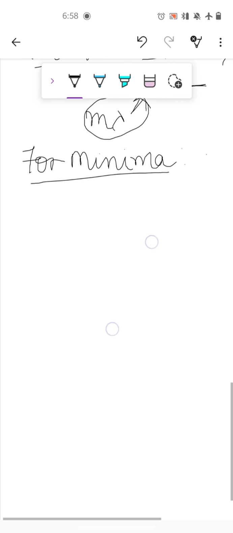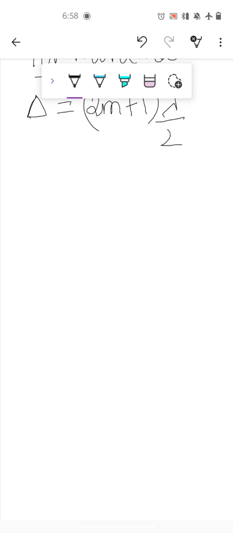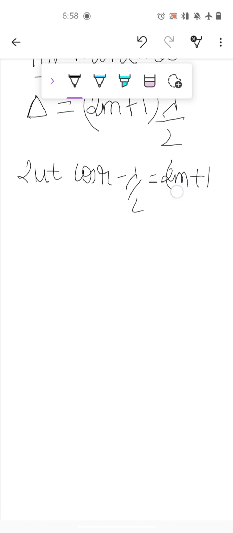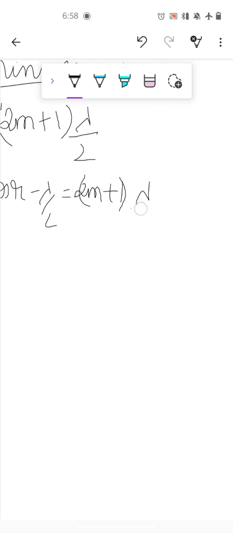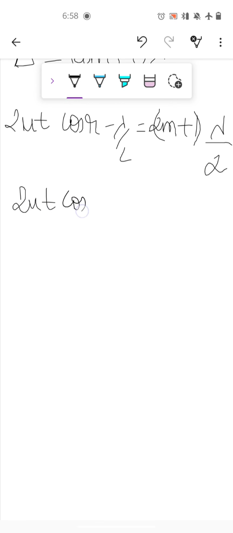What happens for minima? We know that delta for minima is 2m plus 1 lambda by 2. Now see what happens in the case of minima. We put the value of delta, 2 mu t cos r minus lambda by 2, equal to twice m plus 1 lambda by 2. On solving this we get 2 mu t cos r equal to m lambda.